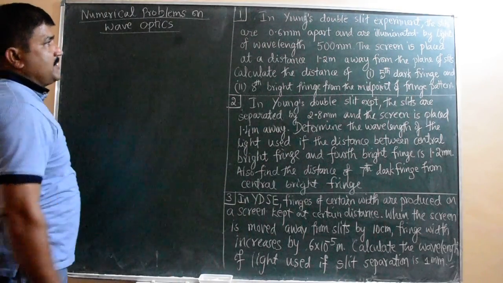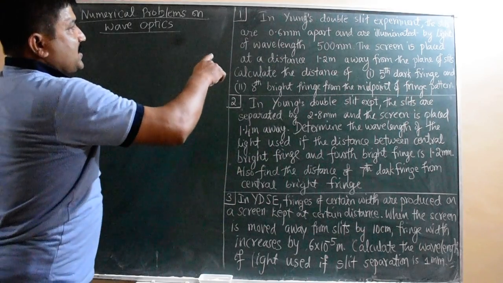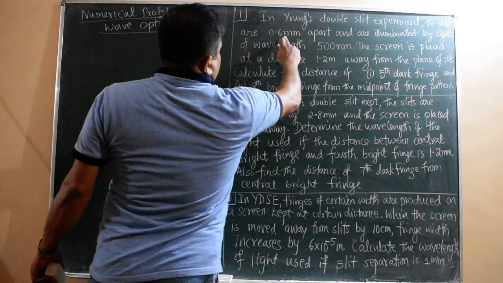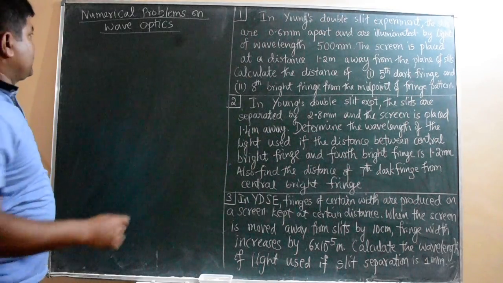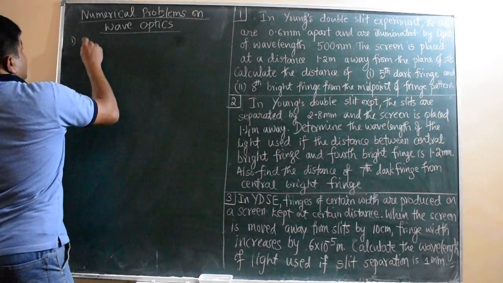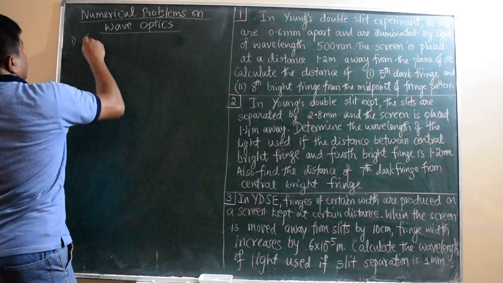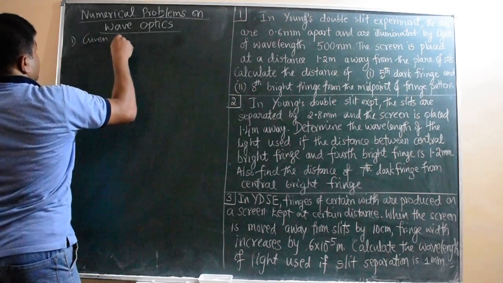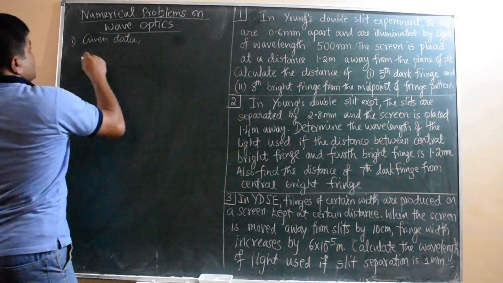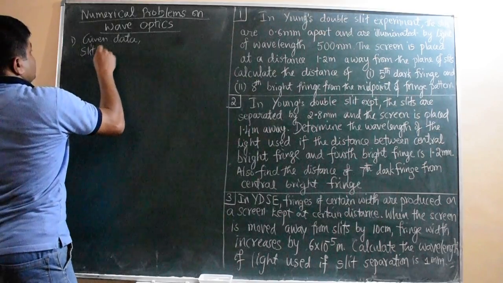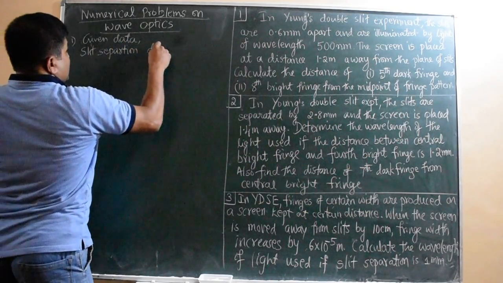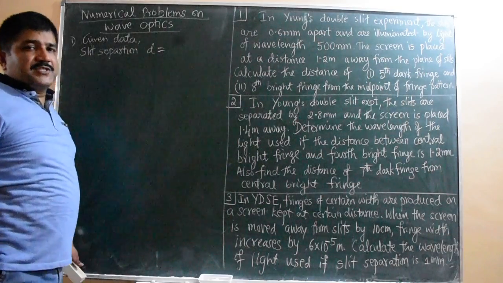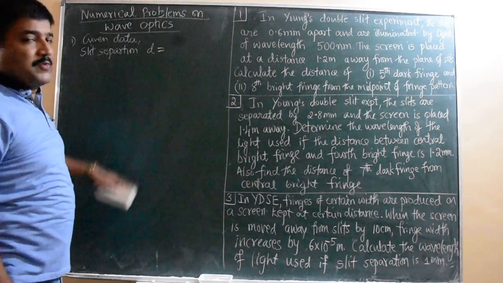Okay, let us see what numbers are given. Firstly, slits are 0.6 millimeter apart, meaning slit separation. So in the first problem, given data: slit separation. The standard symbol in the derivation of the fringe width expression, we have seen, is small d.